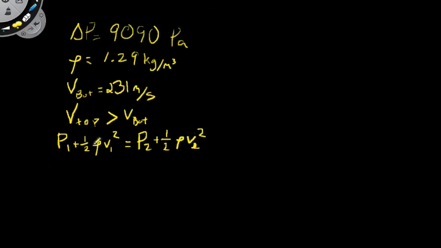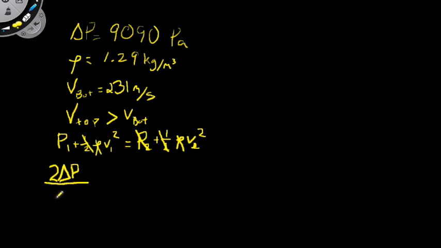So if I rearrange this equation, the first thing I'll do is subtract both sides by P2, and that'll give me P1 minus P2. If you think about before, that's our delta P. Multiply both sides by 2, and that cancels out the one half, so I'm going to have a 2 times delta P. And I need to get rid of a rho, so I'm going to divide both sides by rho.